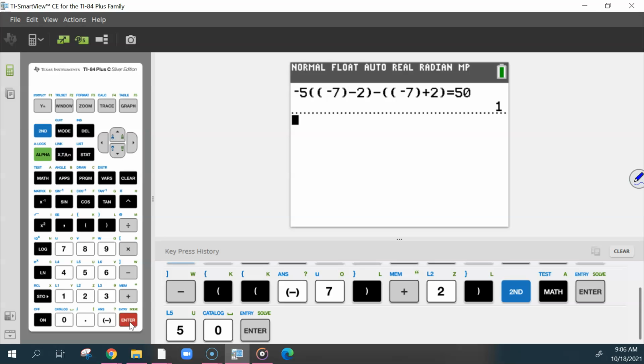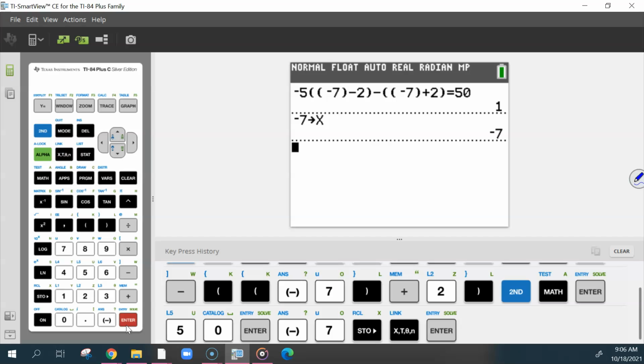If you didn't want to type in negative 7 everywhere using all those parentheses, you could also store negative 7 into your calculator. So if I put negative 7 and I press this STO button at the bottom, an arrow pops up. And then I can press this X button next to alpha and hit enter, and it'll store negative 7 for X. So I could go back to this equation and hit enter.